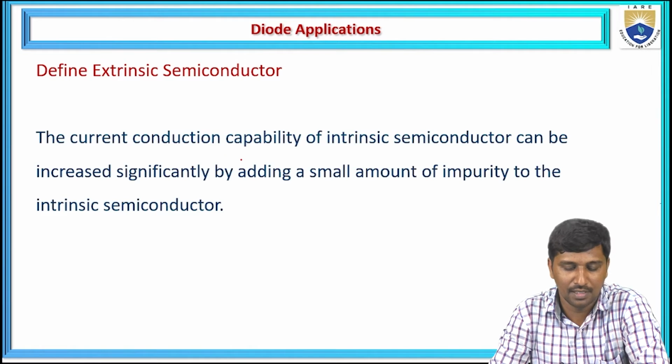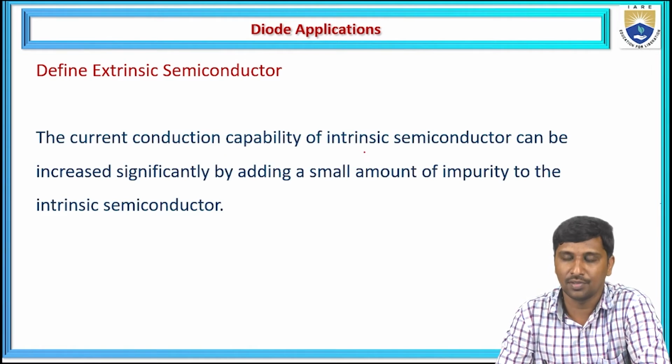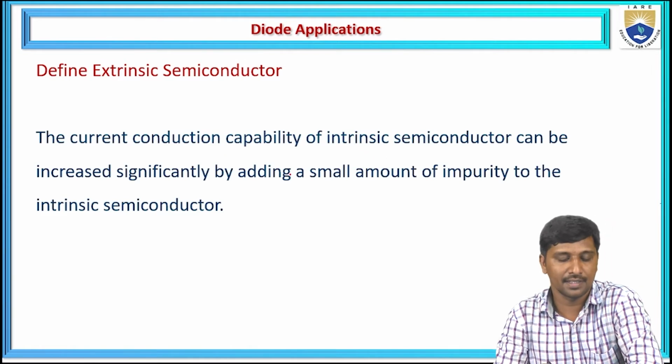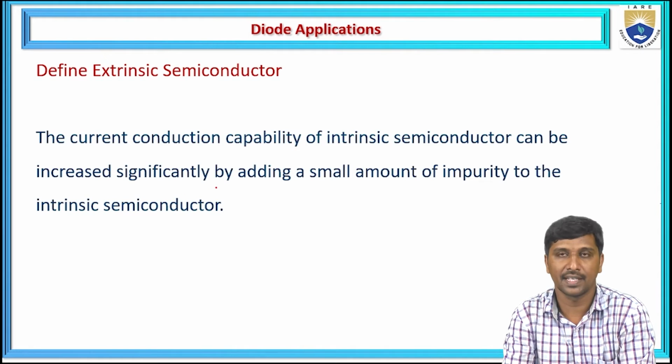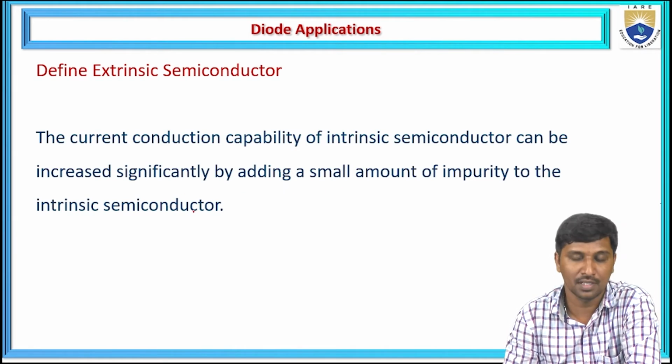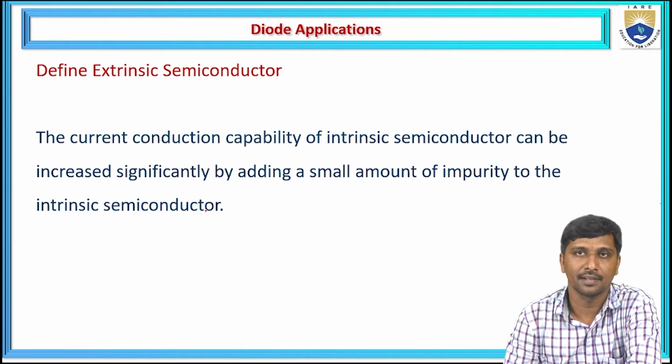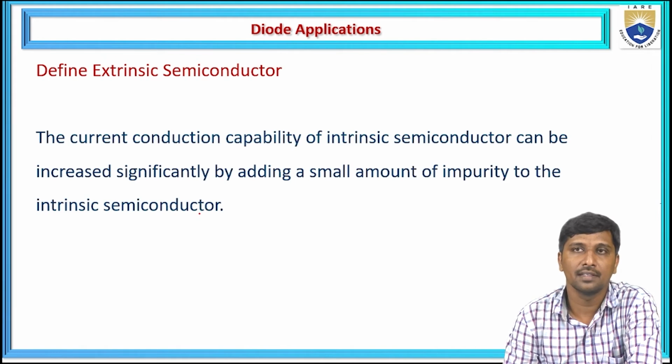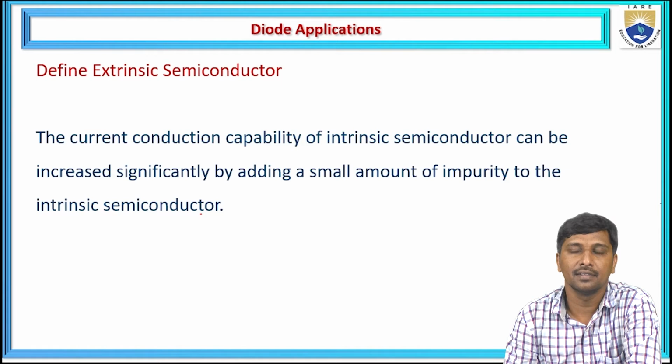So the current conduction capability of an intrinsic semiconductor can be increased significantly by adding a small amount of impurity, and then it becomes an extrinsic semiconductor.